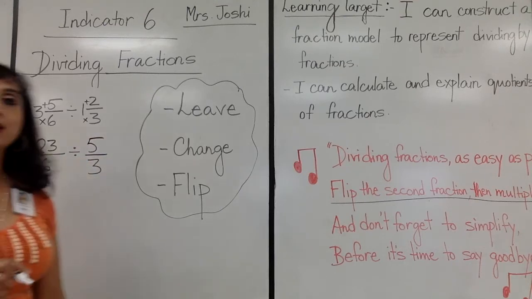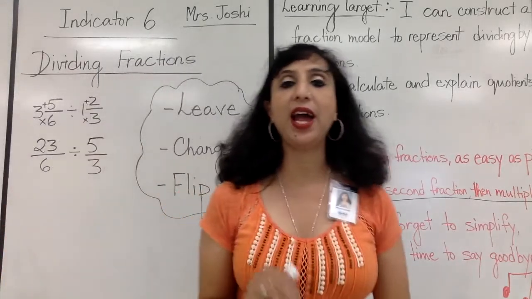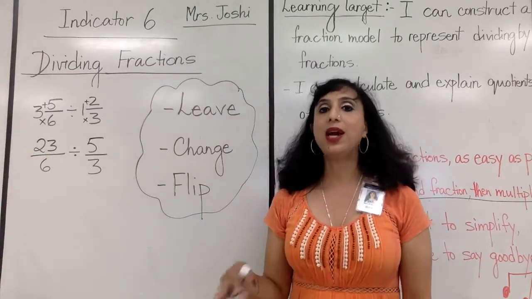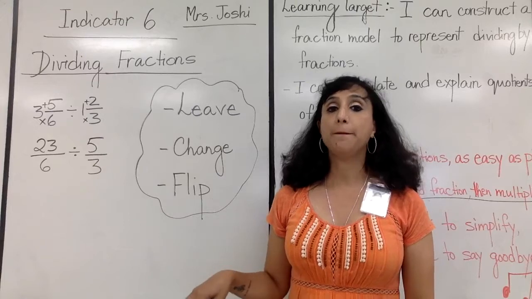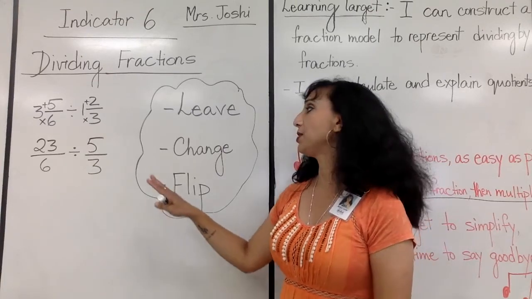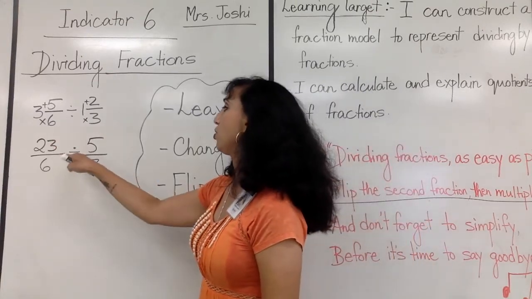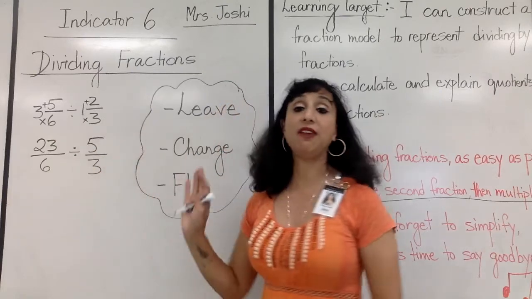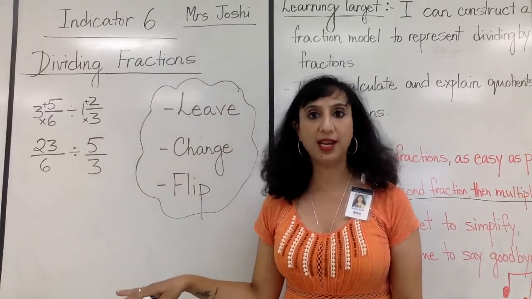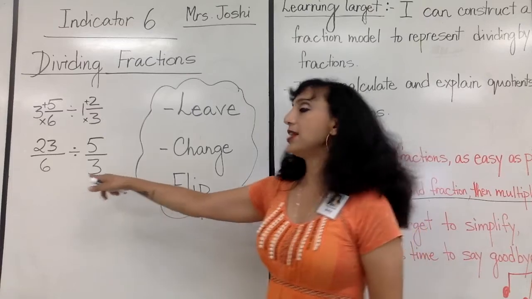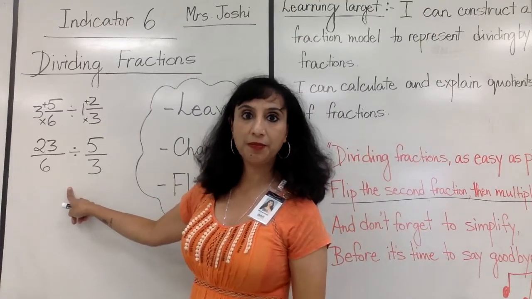All right, now once I have it in the improper fraction form, now I start the leave, change, flip. But don't make the mistake, because sometimes people just change this to multiplication and then leave it as 5/3, and then that's where the error begins. So this second step is very important.